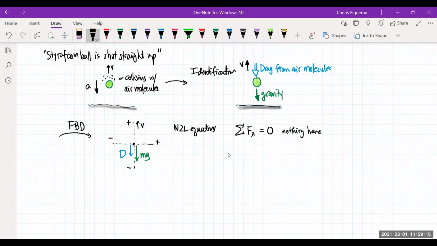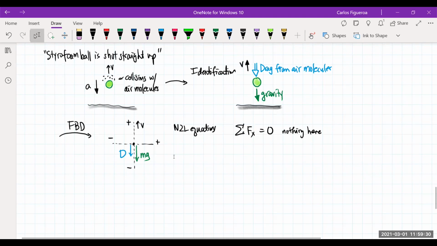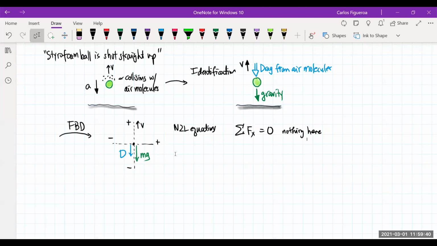I have a question. When you're identifying which forces are acting on it, is this as it's coming down or while it's still going up? It says it was shot straight up, so it's going up. So why is there no force going up, presumably from the gun? Because it's already left the gun. As of this moment, there is no gun force.